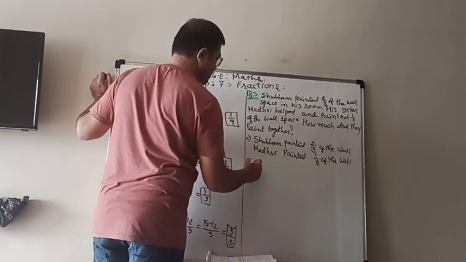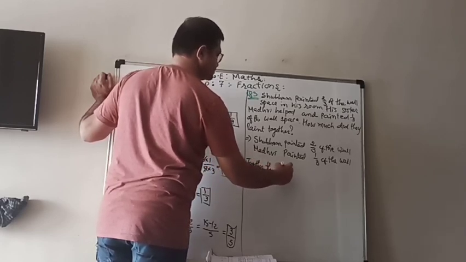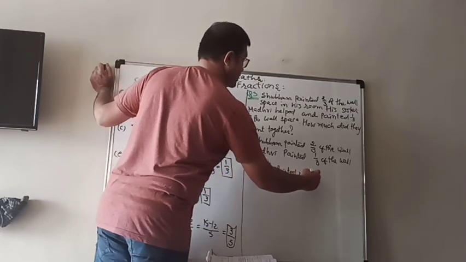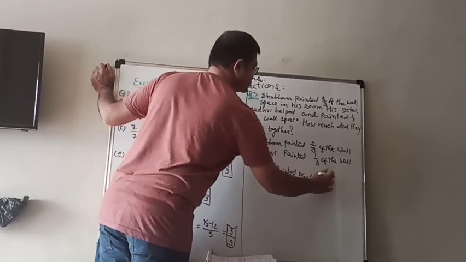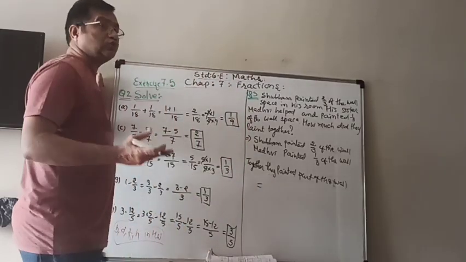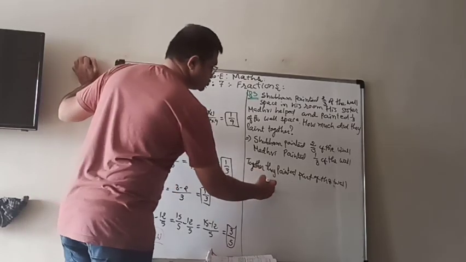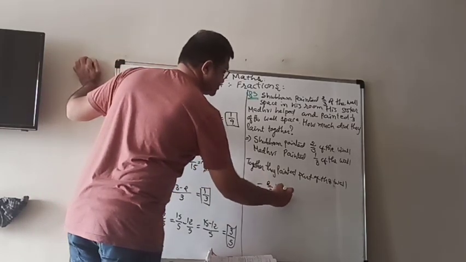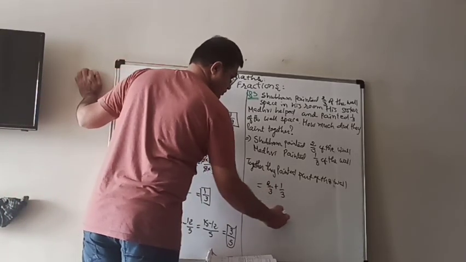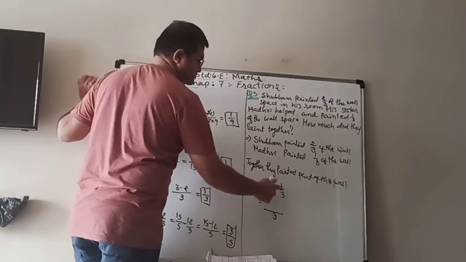So together they painted what part of the wall is equal to? So obviously we have to add, because together, how much they did, means 2 upon 3 plus 1 upon 3. So now the common denominator is 3, and in the numerator we have to add 2 plus 1.